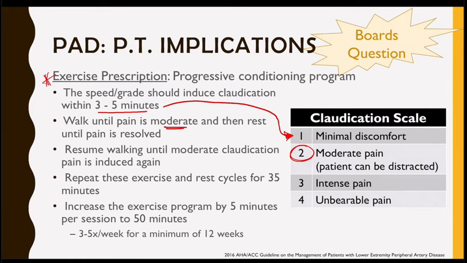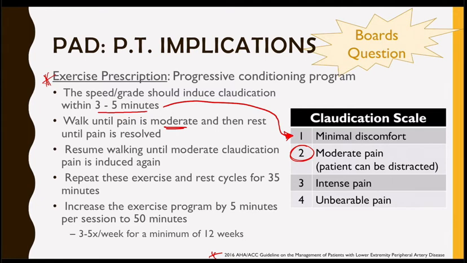The Goodman-Fuller text is one of the main pathology books that guides PT practice, and they are really pushing towards moving this protocol to near maximal pain. The AHA guide, as it says at the bottom, is still publishing this as pain to moderate.